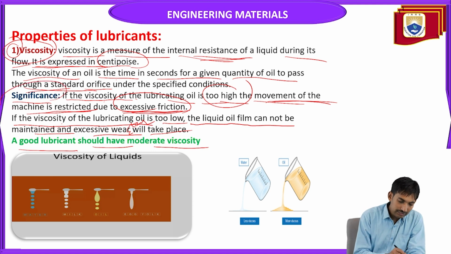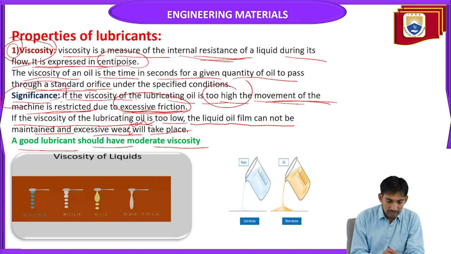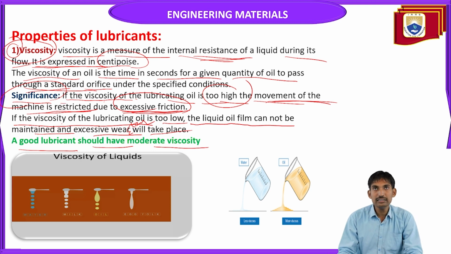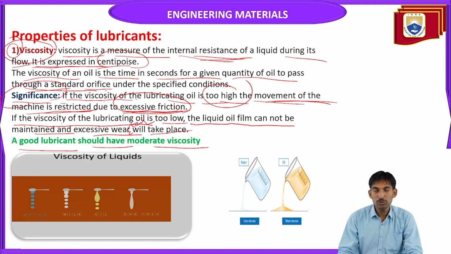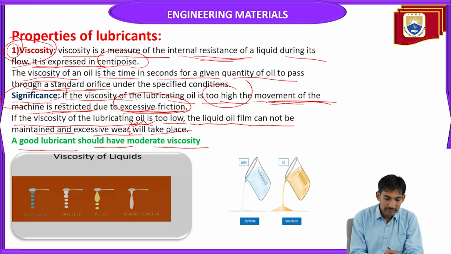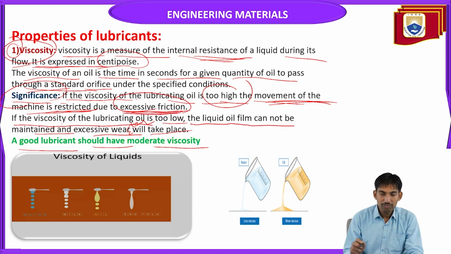See, the next one is the significance of viscosity. If the viscosity of the lubricating oil is too high, the movement of the machine is restricted due to excessive friction.